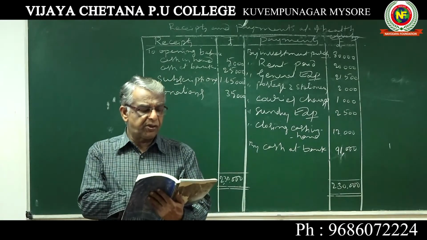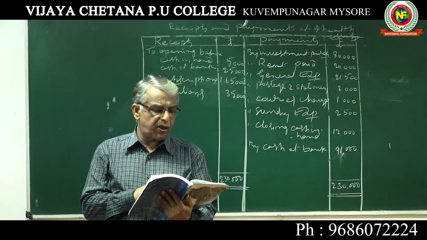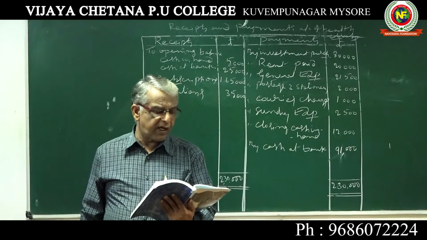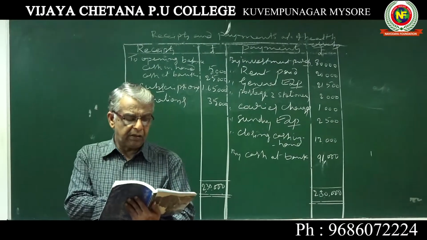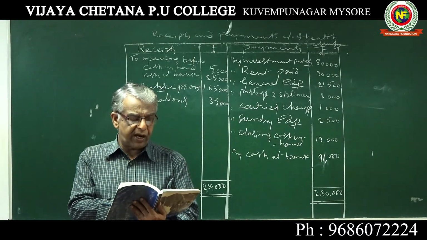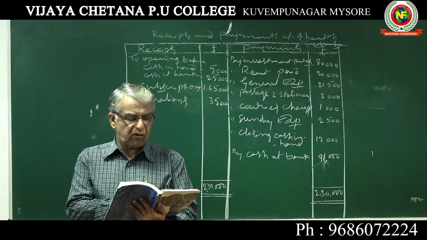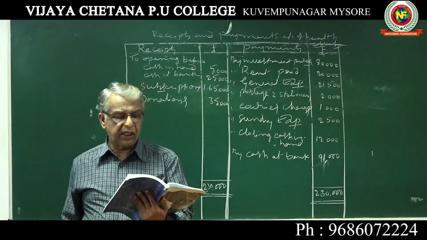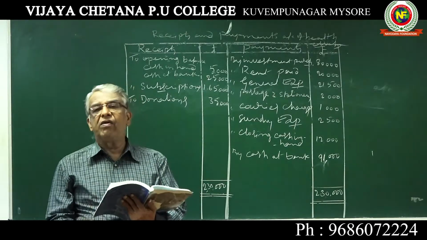Furniture 3,000, investment 55,000, advance for building 20,000, charities 60,000, salaries 10,400, rent and taxes 4,000, printing 1,000, postage 300, advertisement 1,100, insurance 4,800, and the closing cash at bank 32,000 and closing cash in hand 10,500.